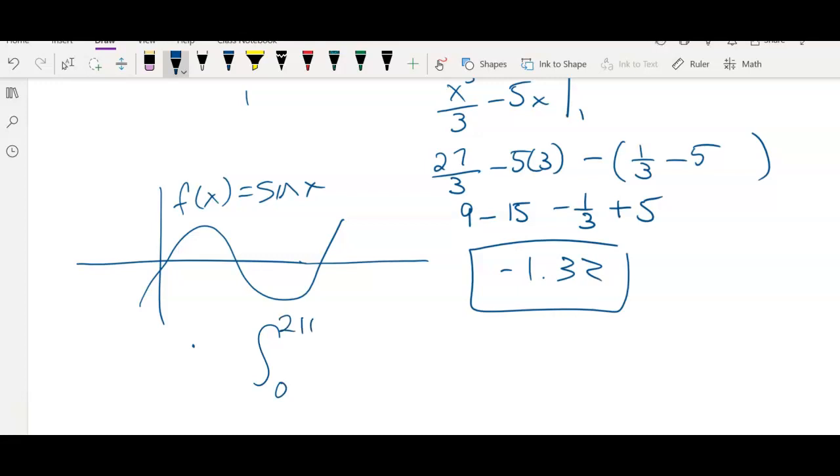From 0 to 2 pi. The net area without doing any work should equal what? Because we know in the sine curve, the area above is going to be equal, so it's going to equal 0. So you got to be real careful.